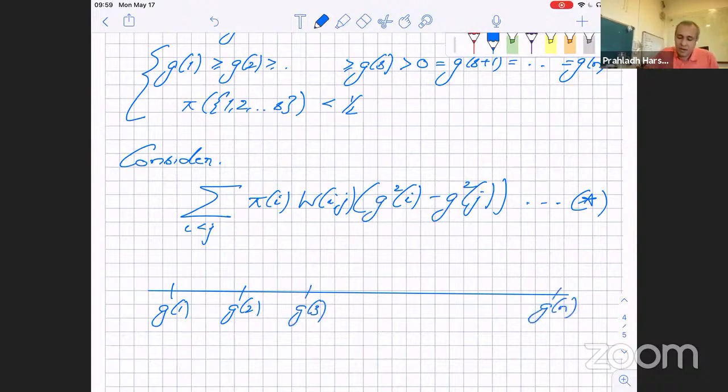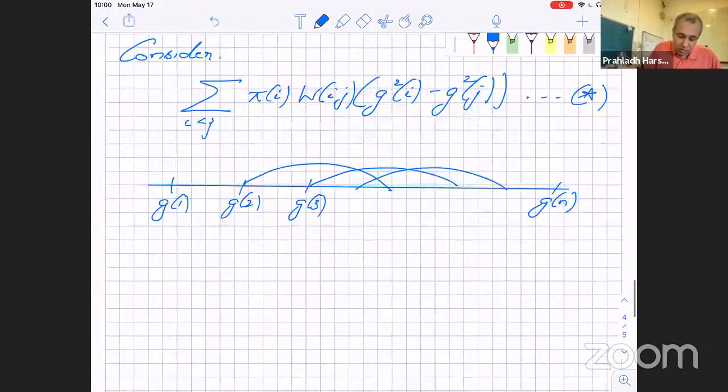Notice that there are edges going across like this, with weights, and the weight of the edge is pi i wij. For every edge, we are writing out the difference between gi square and gj square, multiplied by the weight of that edge. We're just summing this over all the edges. So I want to look at this quantity.